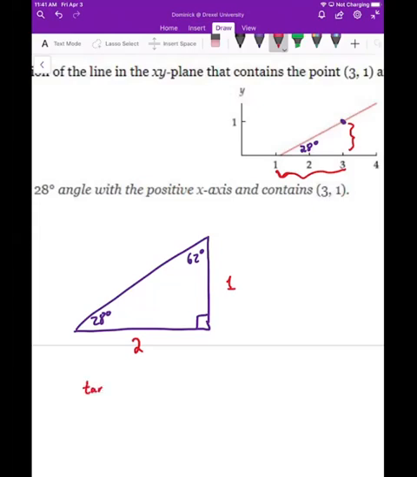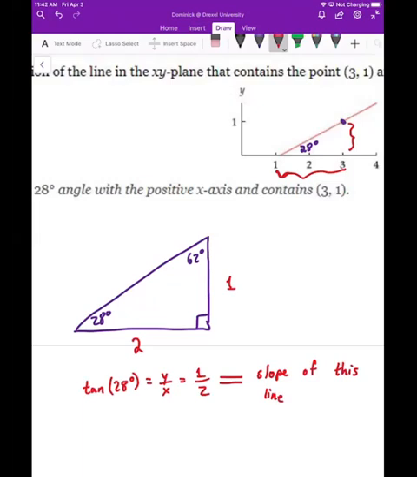Well, we know that the tangent of this angle, this 28 degrees, is y over x, which is 1 over 2. And since that's my tangent of this, that's also the slope of this line. Right?